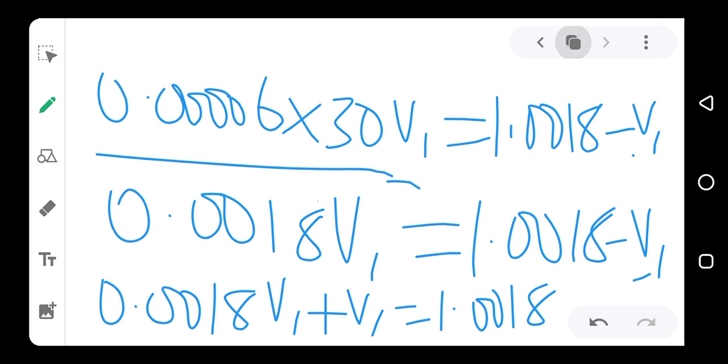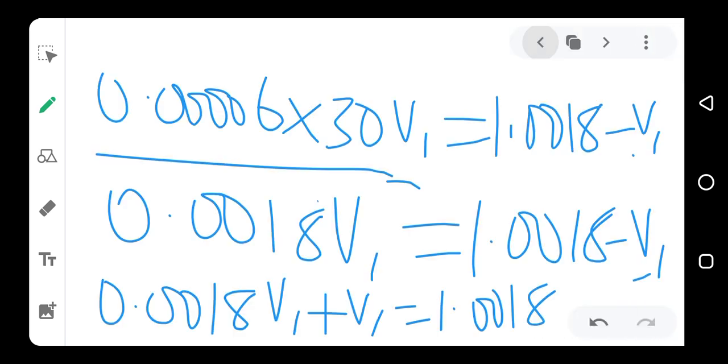Alright, so we can have a common factor between 0.0018 V1 and the V1.